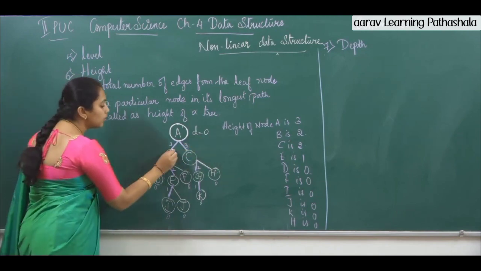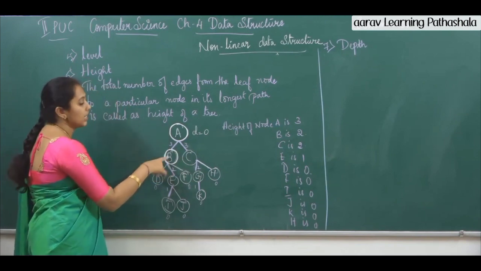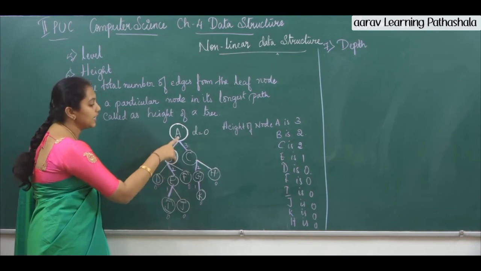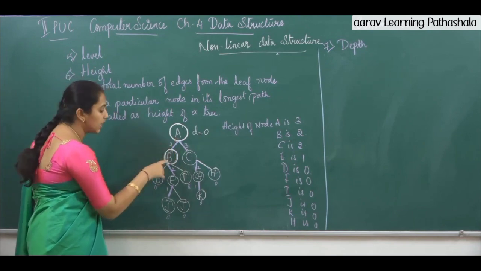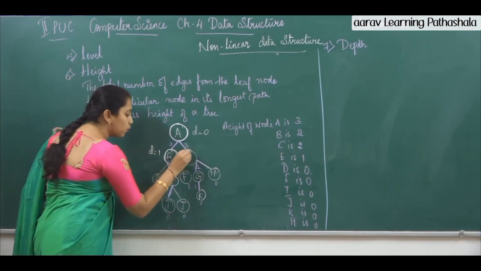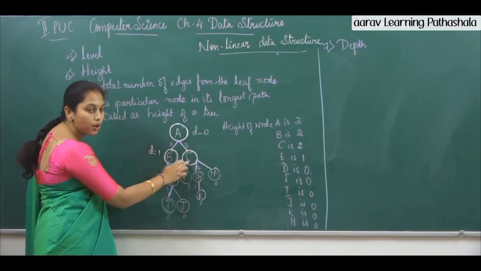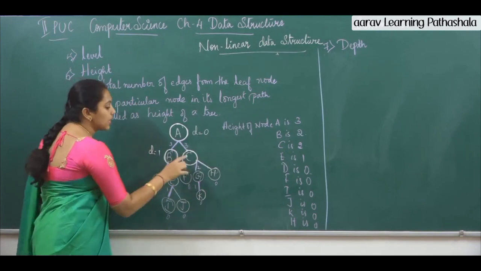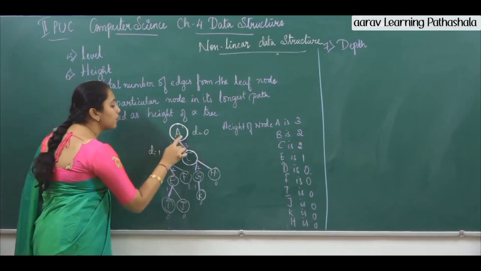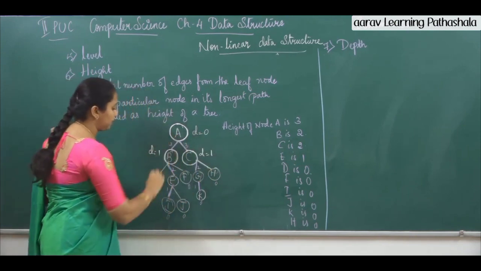When it comes to node B, the depth of B is 1 because the parent of this node is A. What about node C? The depth of C is also 1 because B and C are the child nodes of root A.